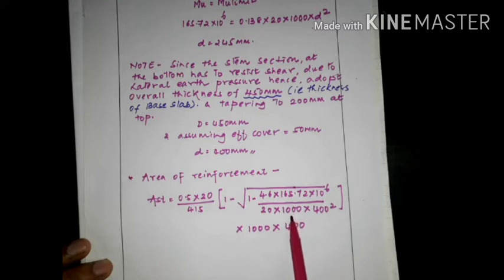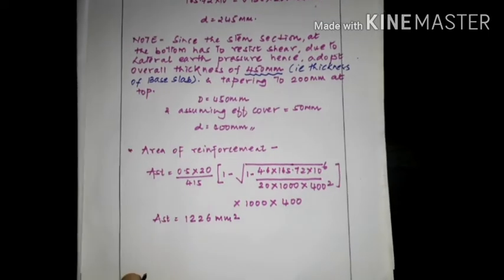B we have to assume as per meter length, so that is 1000 into d, so b d square, bracket complete. So we got Ast, the area of reinforcement in the stem, as 1226 mm square.